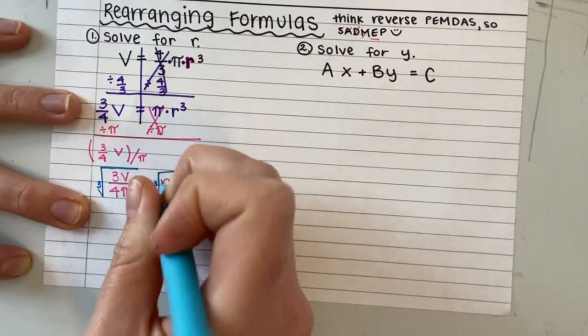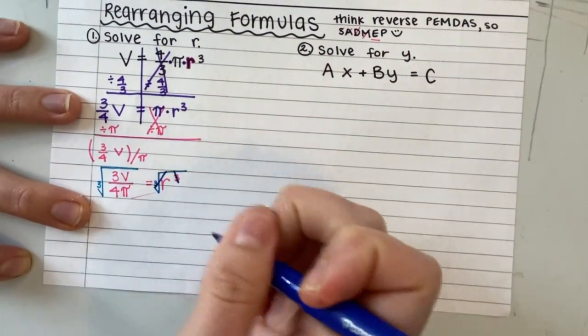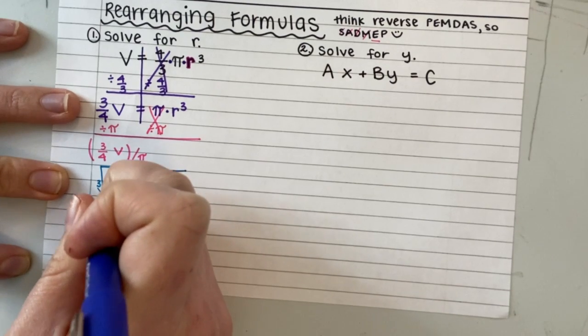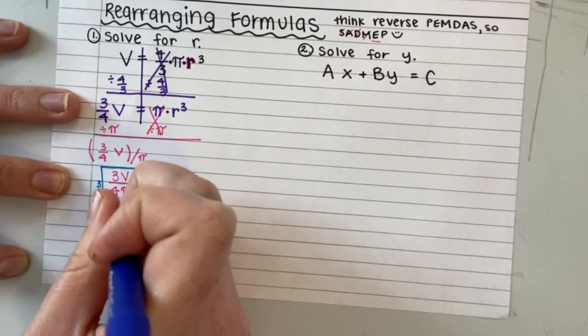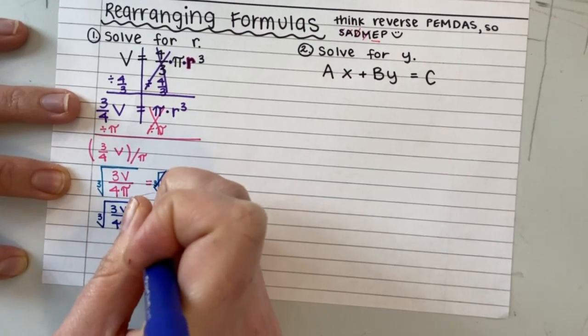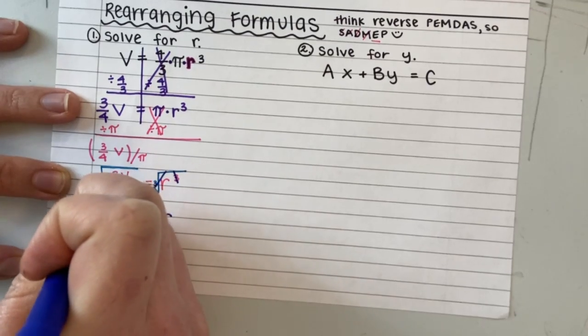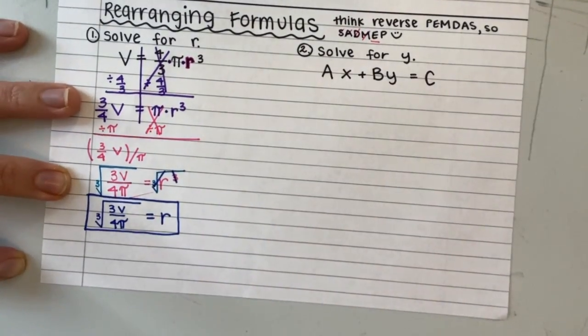When I take the cube root, that cube goes away. On this side, it's just going to stay under our cube root sign because nothing else can be done. And now I have solved for r.